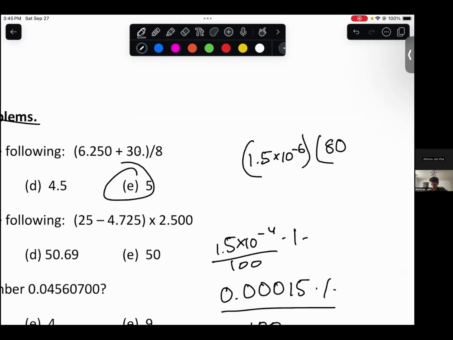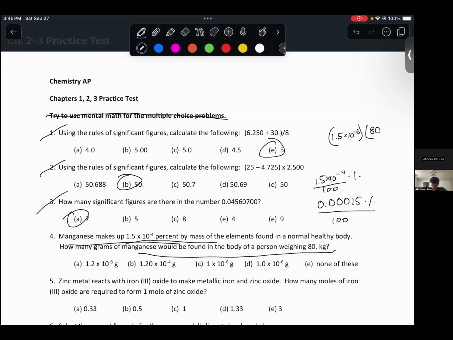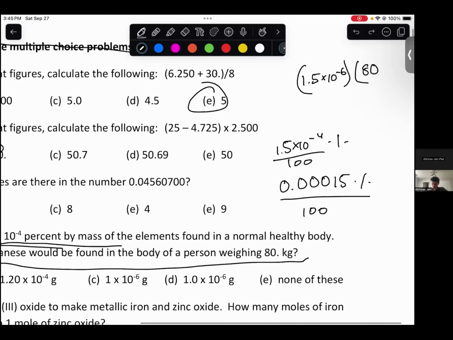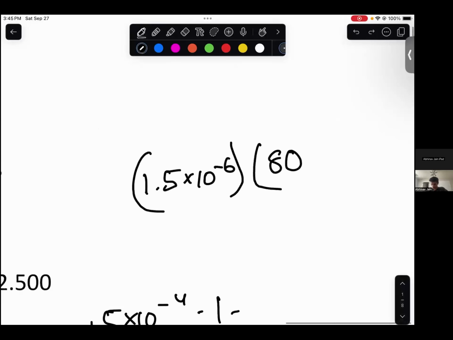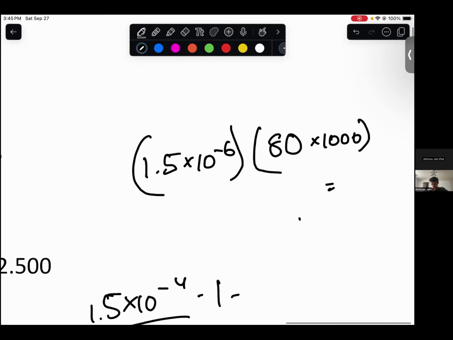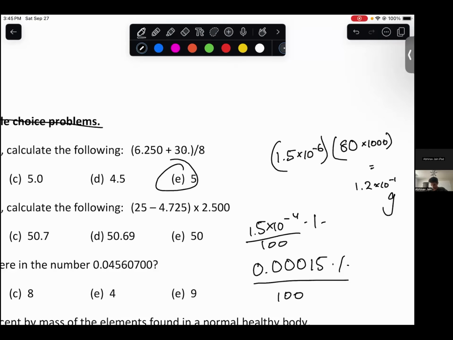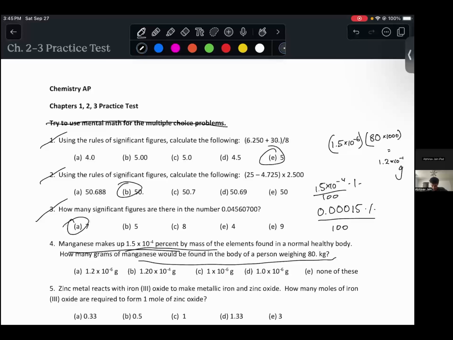Notice it's 80 kilograms, so we have to convert to grams: 80 times 1,000. We get 1.2 times 10 negative 1 grams. So the answer is going to be E.